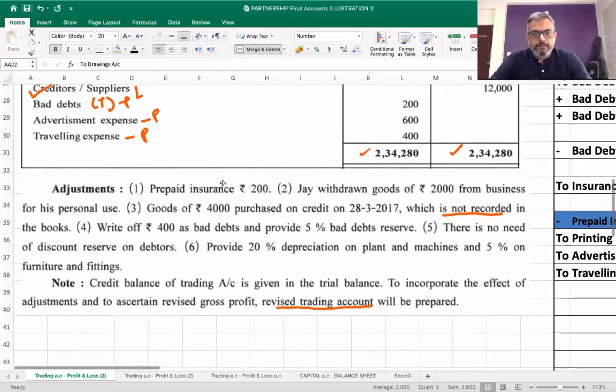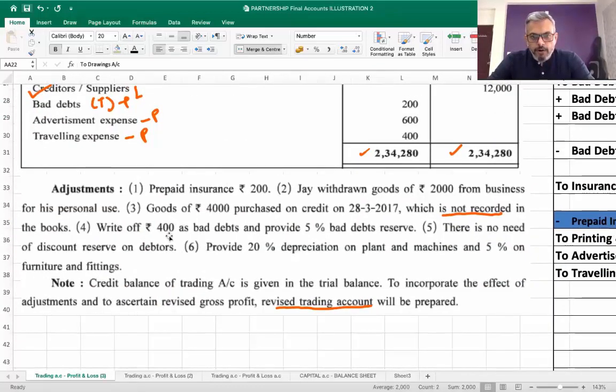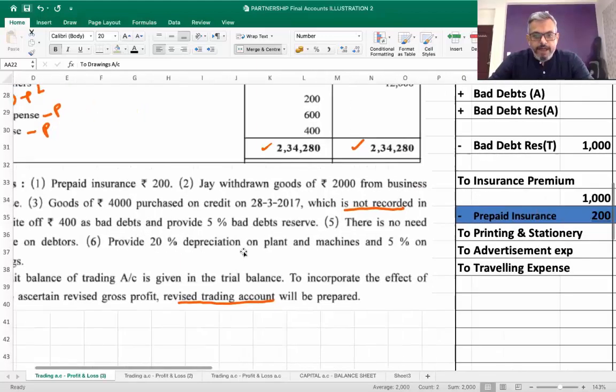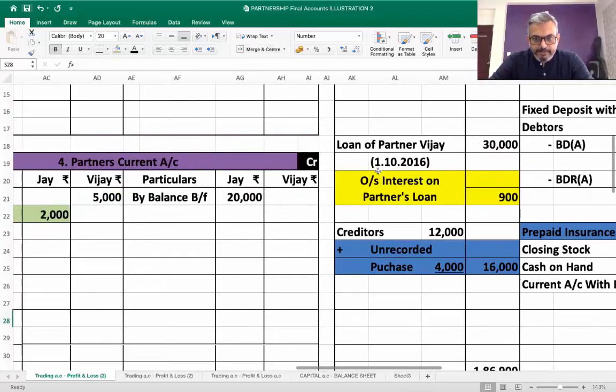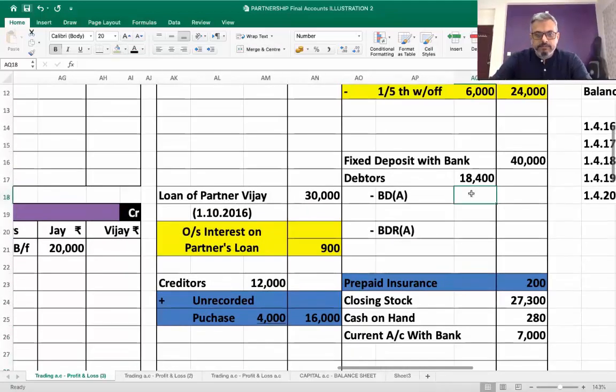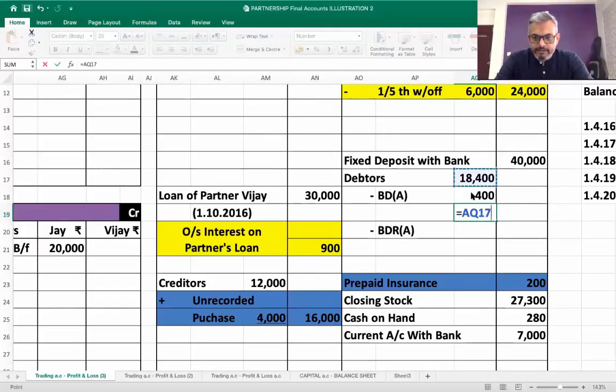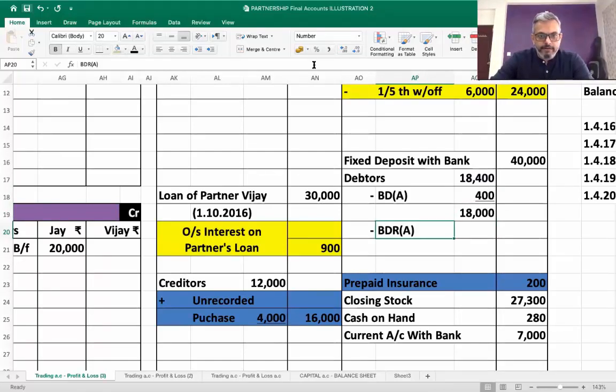Next one. Write off 400 as bad debt and provide 5% bad debt reserve. So 400 as bad debt: subtract 18,400 minus 400 is 18,000, and 5% bad debt reserve.